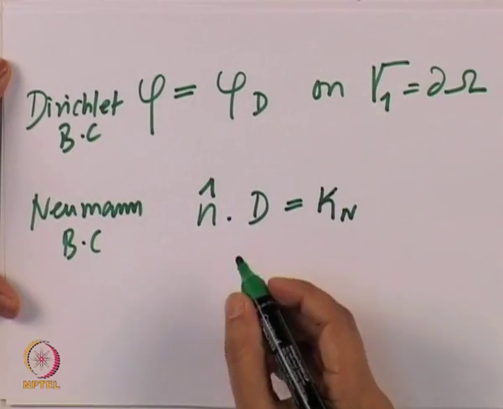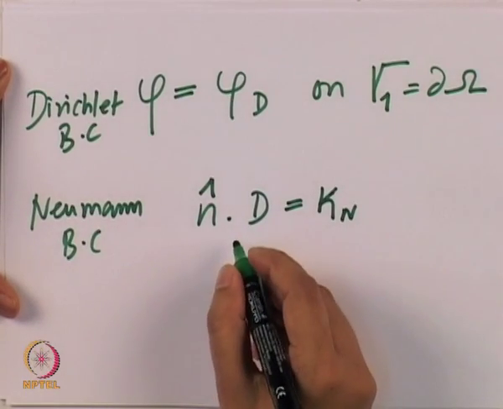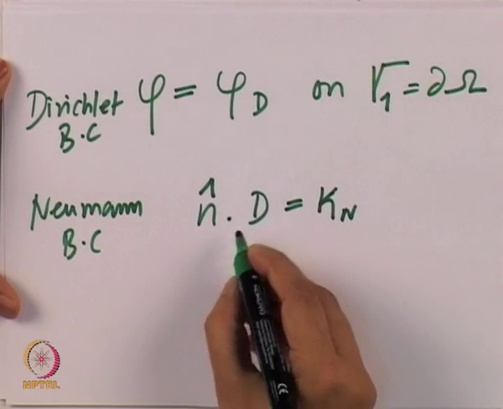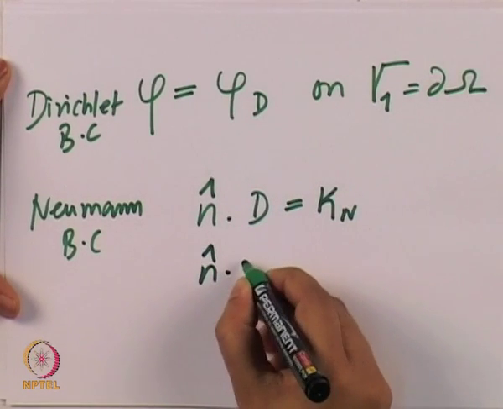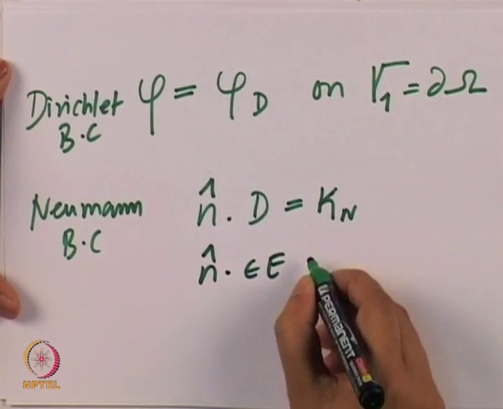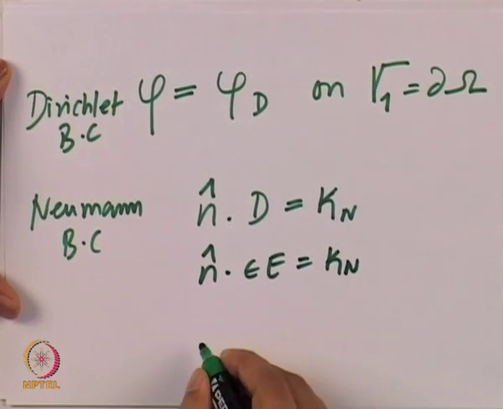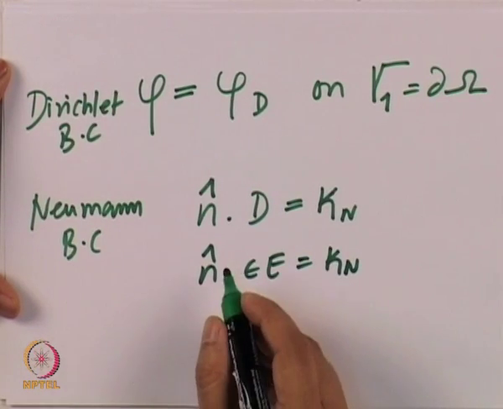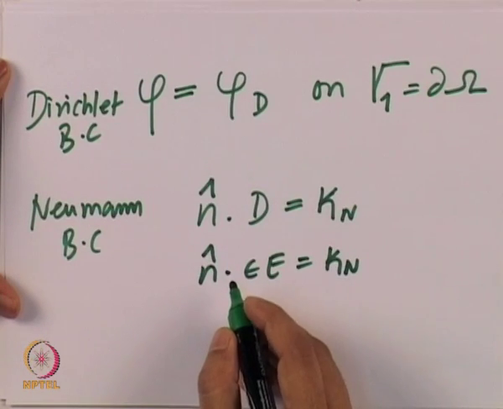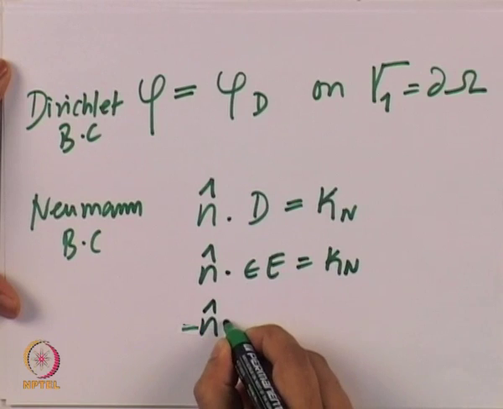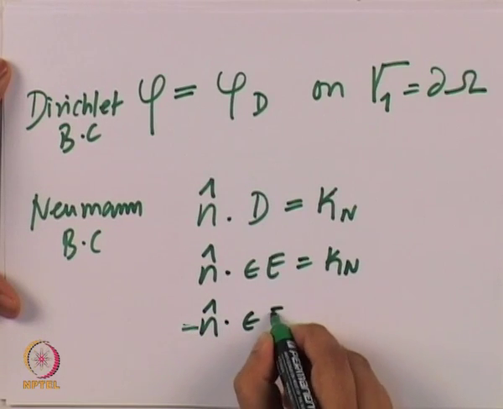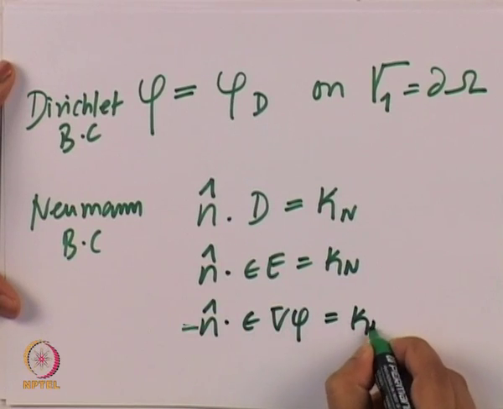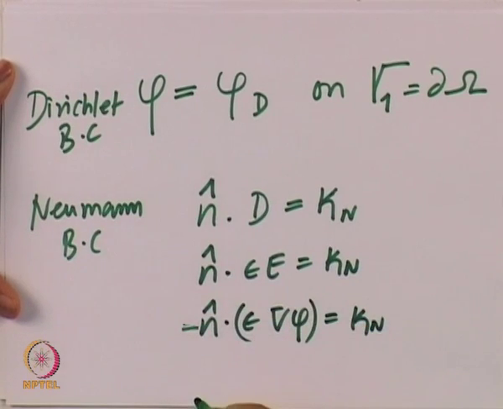So we are defining the normal component of D, and we know D is given by epsilon E. So this is n dot epsilon E equal to kappa n, and E can be written as minus the gradient of the potential. So basically what we have is n dot epsilon gradient of phi should be equal to kappa n, where epsilon is the value of the permittivity.